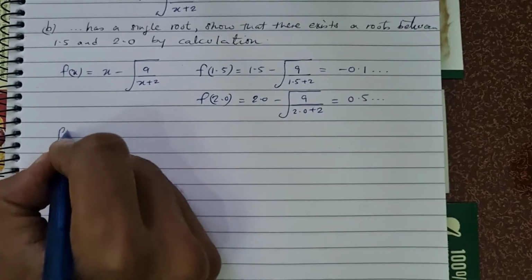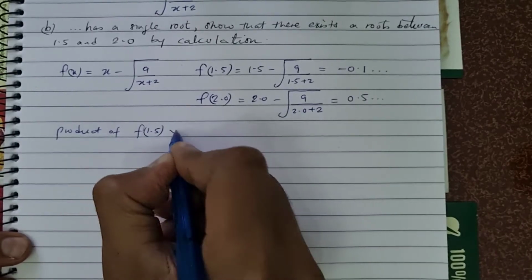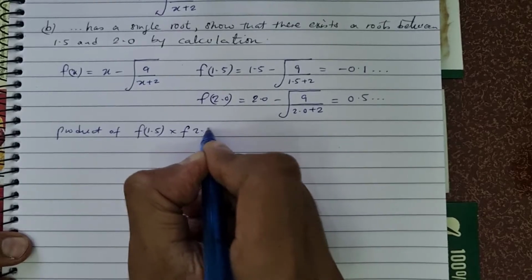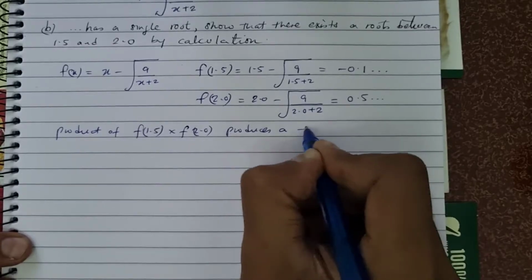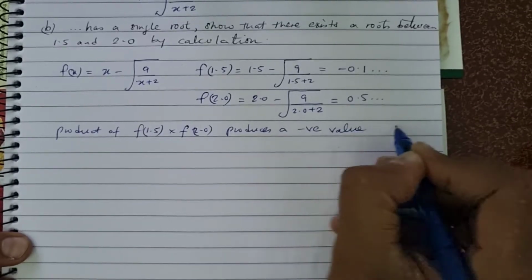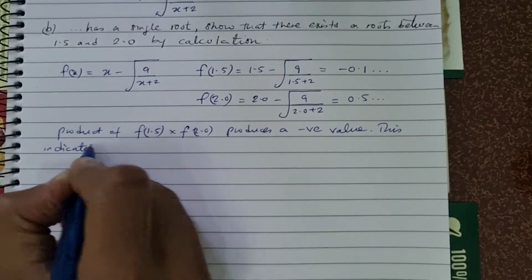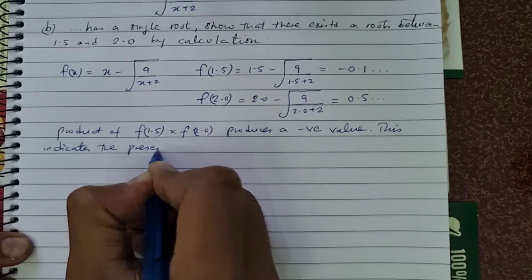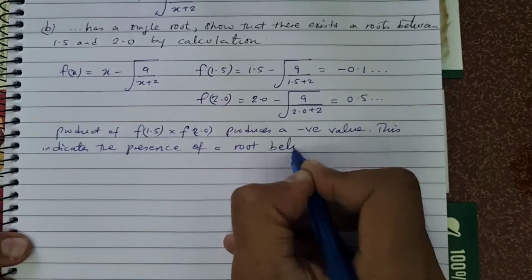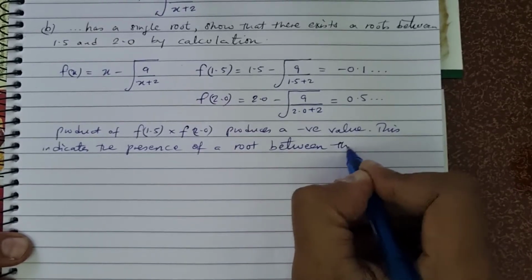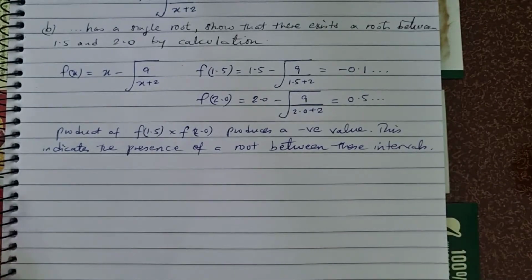The product of f(1.5) times f(2.0) produces a negative value, and this indicates the presence of a root between these intervals. It's always the case. So here we are for the second part.